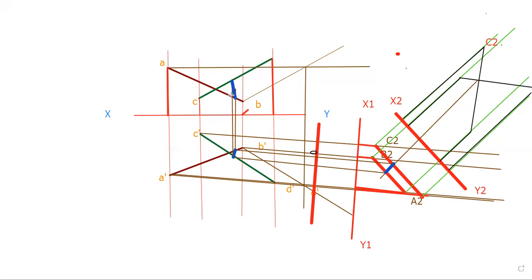Very important. So you would need to dimension these. You need to establish your dimension line, measure across there, and state the value for this.